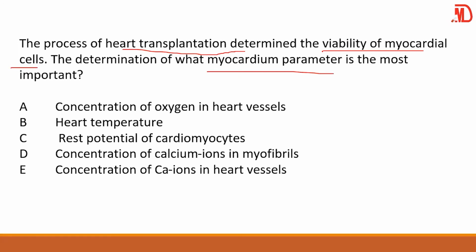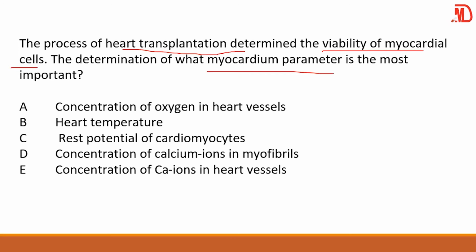Does it correspond to the norm, or does it not? Does it take a long time before it can generate impulses? Because don't forget, the resting potential talks about the automaticity of the heart, meaning the ability of the heart to generate impulses, so that it can contract and relax.